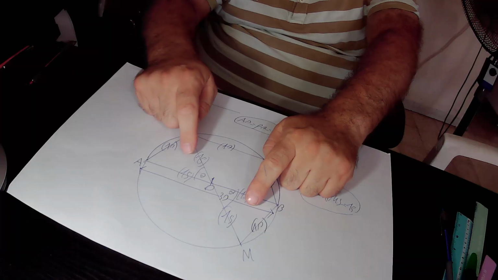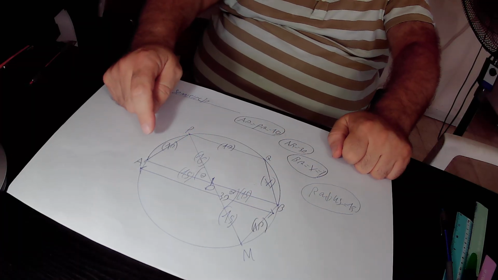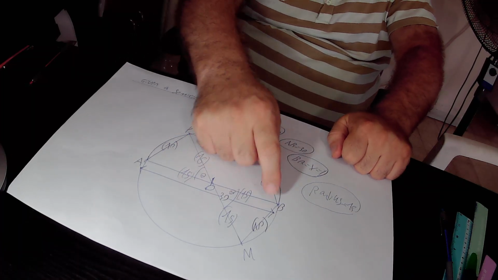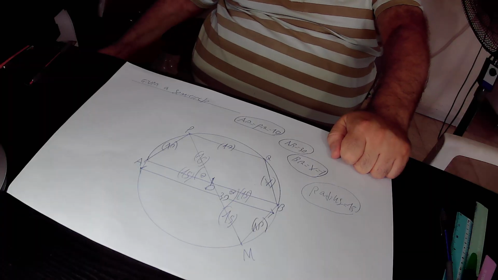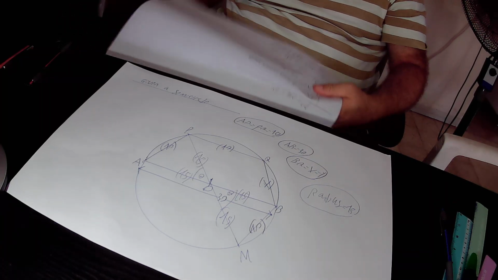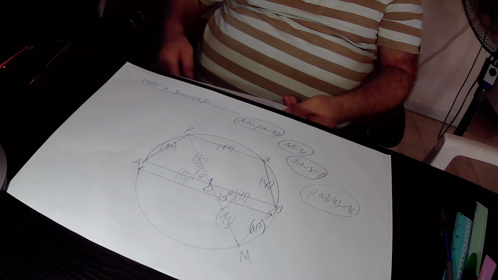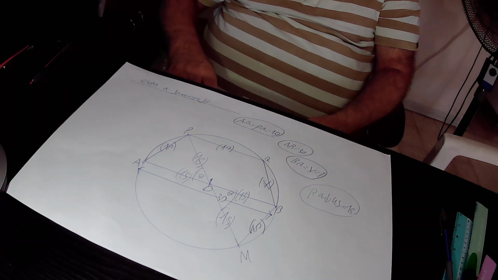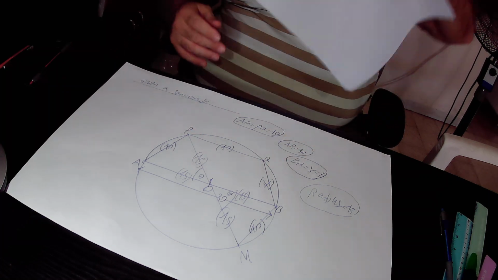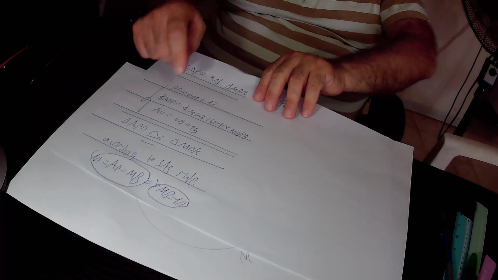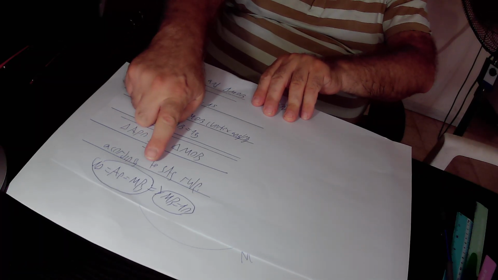Repeating again, from the fact that those two triangles are congruent, side AP equals side MB.